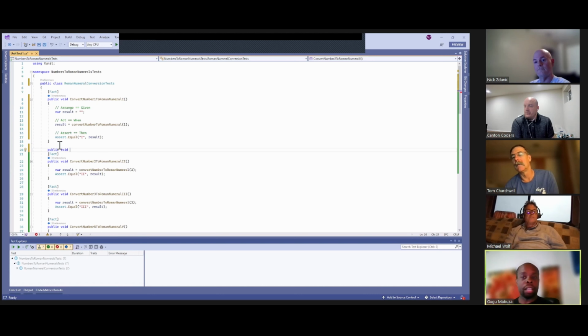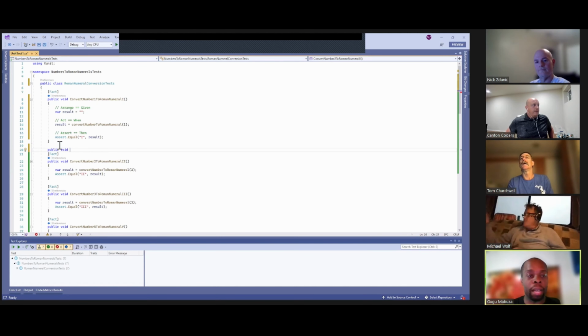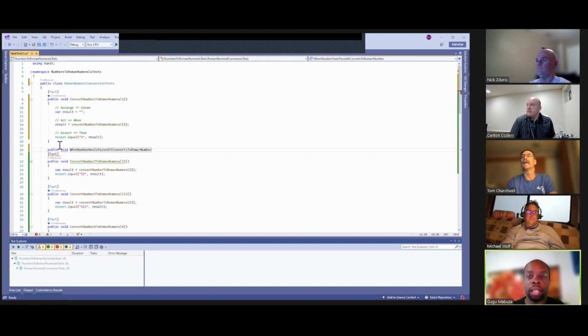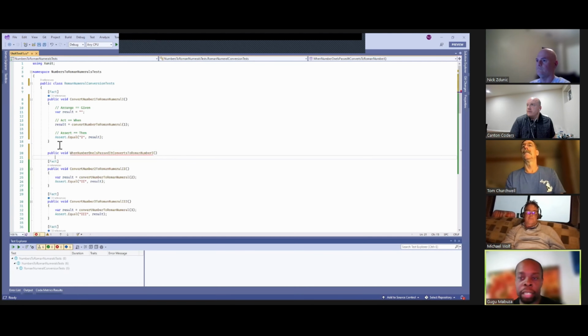Sometimes what I'll do is I'll put, as part of the name, what my arrange statement is, as far as I'm passing null and my result is expected to be X. And then I'll have another function which is similar, and this time I'm passing a positive number, and I will describe that the result has to be X. Sometimes with the assert, at least with Java, with JUnit, I don't need to do that, because in the assert, I can give the statement that says what I expected and what my expected result is.